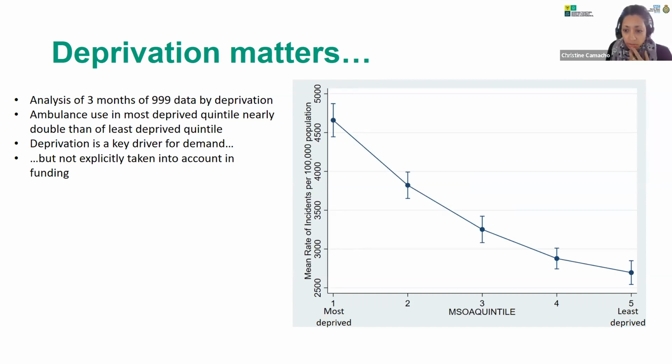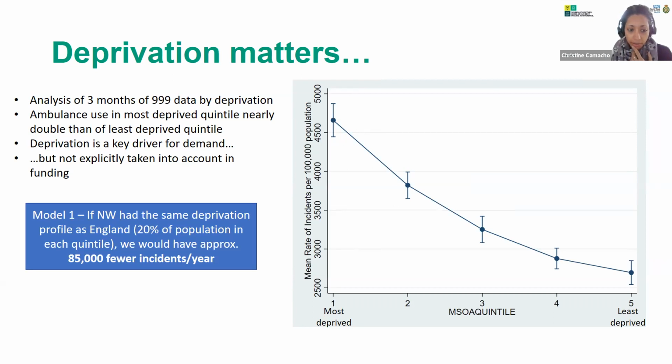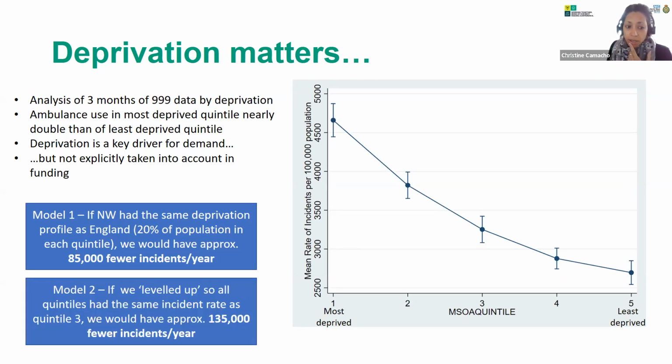So if you just click on for me, and again, thank you. This is just a little bit of modelling around that, because in the Northwest we're actually more deprived than England as a whole. So if our level of deprivation was the same as England, that would equate to roughly 85,000 fewer 999 incidents in a year.